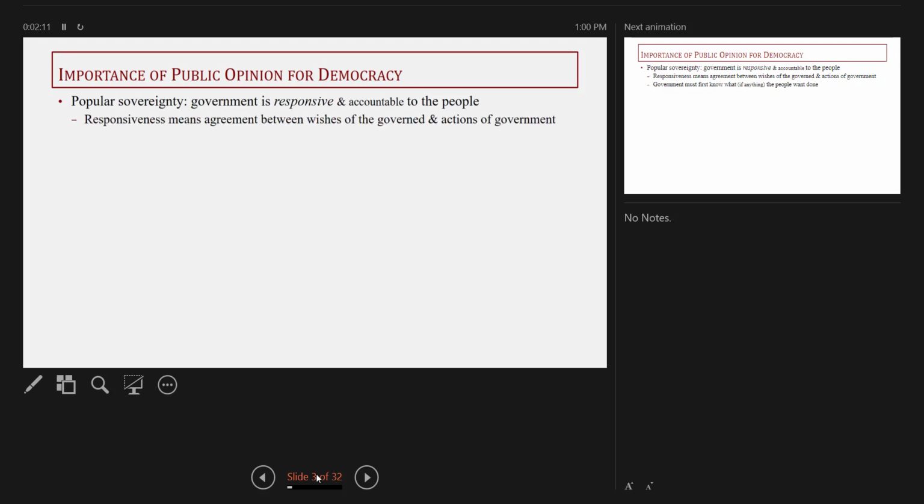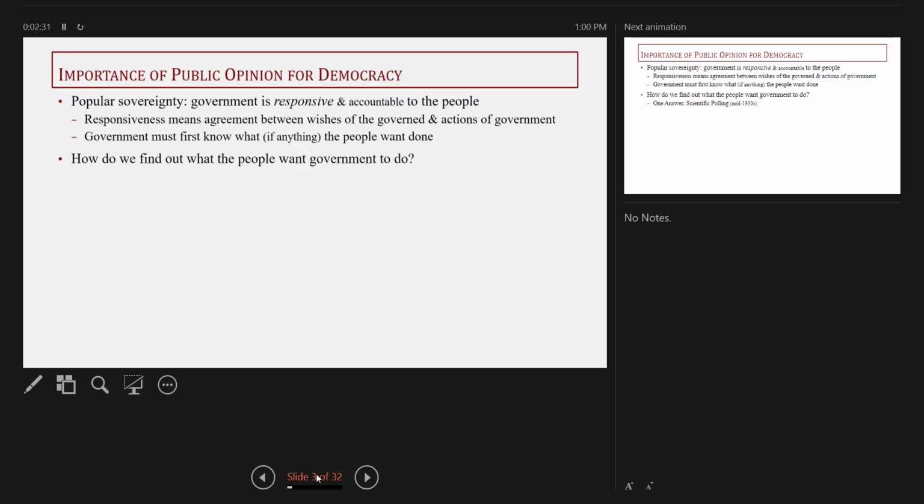To be responsive to the people means that what government does agrees with what the governed want government to do. And in order to agree with what the people want done, government must first find out what it is that people want done.